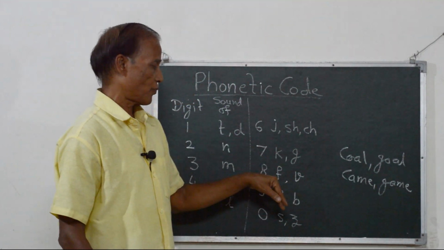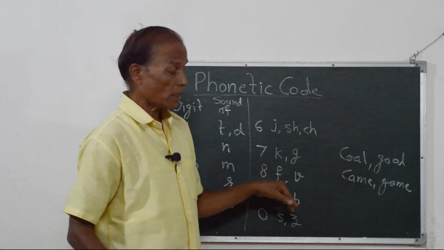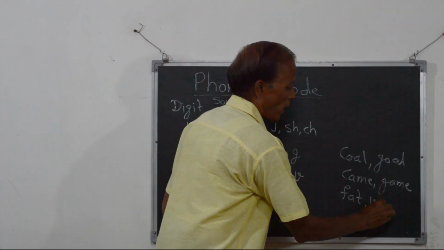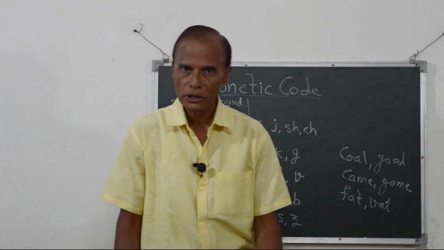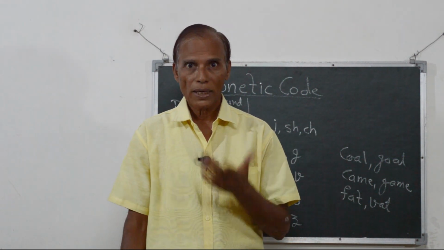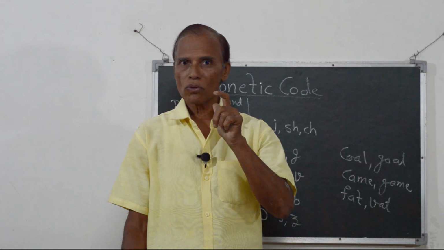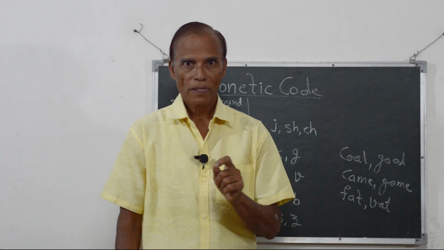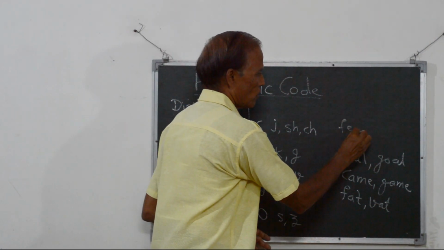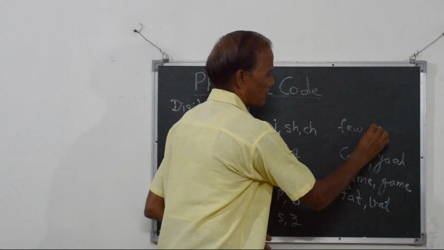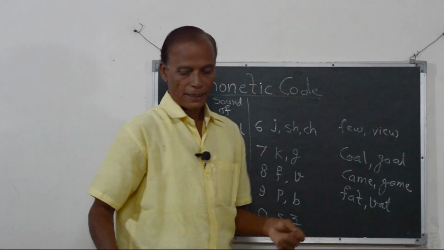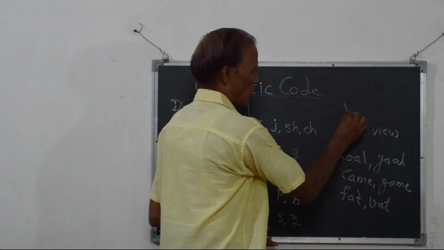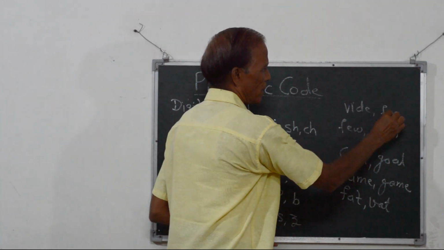Then let us go to F and V. I will suggest one word for that, fat and vat. Just try to pronounce these two words, fat, vat. So a similar movement of the lip is there. Few, view. See this? Few, view. Or wide, wide.